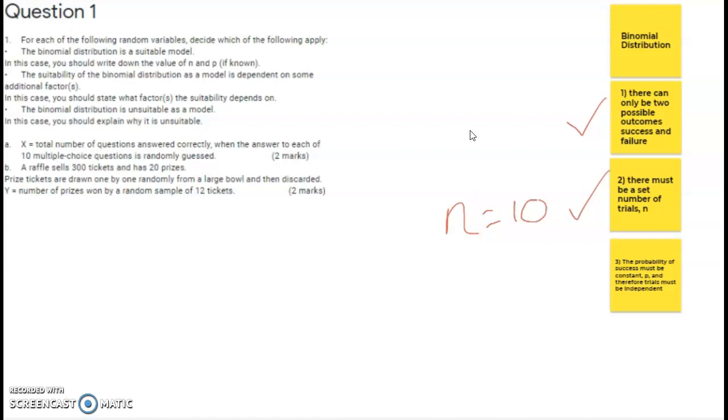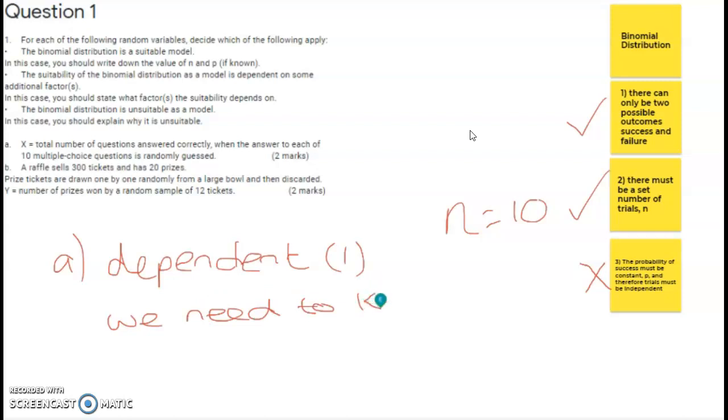It does not tell me in this scenario how many options there are in the multiple choice. It doesn't tell me if it's A and B, A, B, C, A, B, C, D, etc. So even though they're randomly guessed and they have the same probability for each one that has the same number of options, I don't know what those options are. So I cannot tick this one unless I know the number of options.